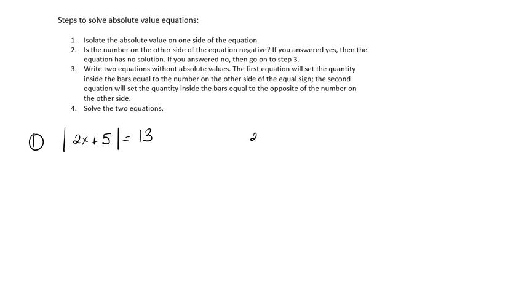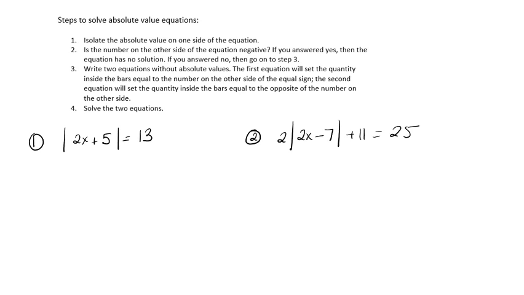Unlike example 2 that we'll do, that looks like this. See how the absolute value is part of a bigger expression? When we go to do that one, we're going to have to get that absolute value by itself first. In example 1, the absolute value is already by itself.